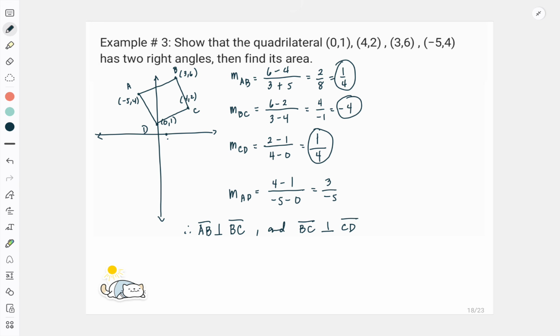So meaning, what are the right angles here? The right angles here are angle B and angle C. So therefore, the quadrilateral ABCD has two right angles, namely angle B and angle C. Then you're done.